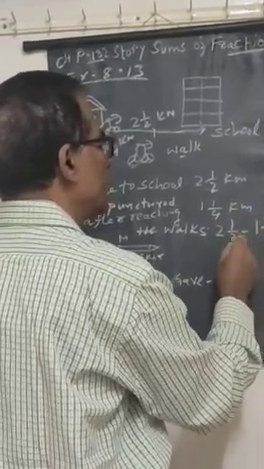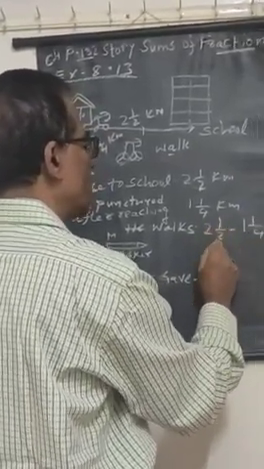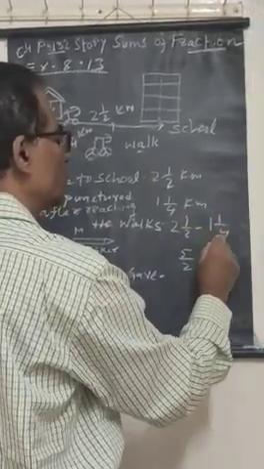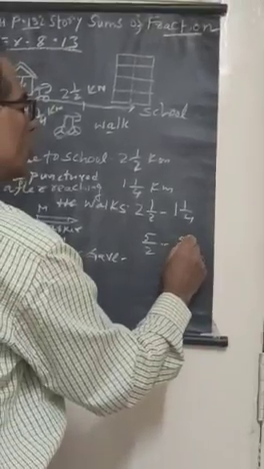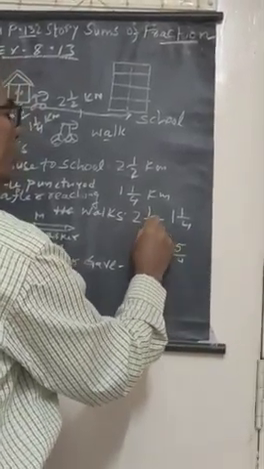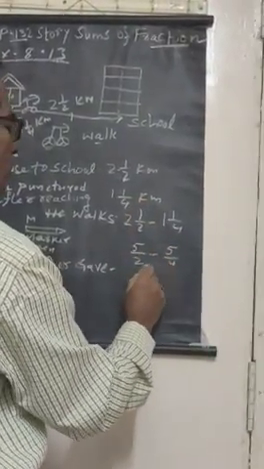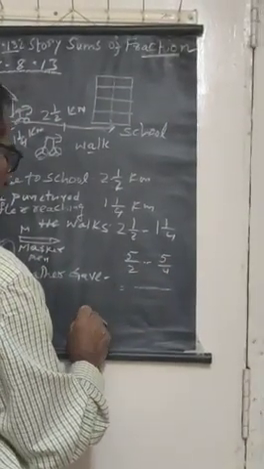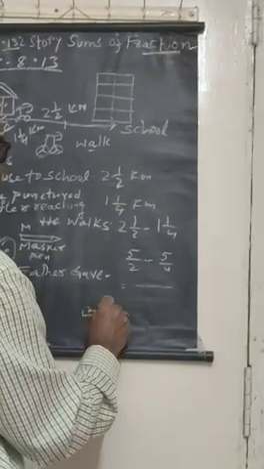Just now we have done it like this. 2 times 2 plus 1 is 5 by 2, minus 1 times 4 plus 1, 5 by 4, right? 5 by 2, and now the LCM of 2 and 4, as these are in the same table, 2 and 4, LCM will be 4.